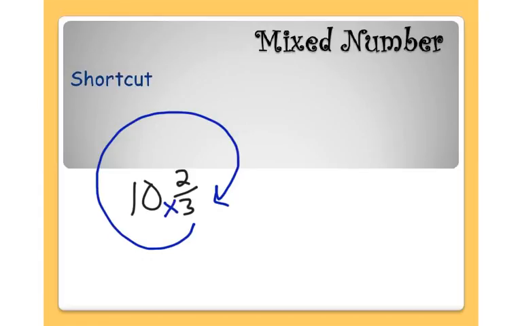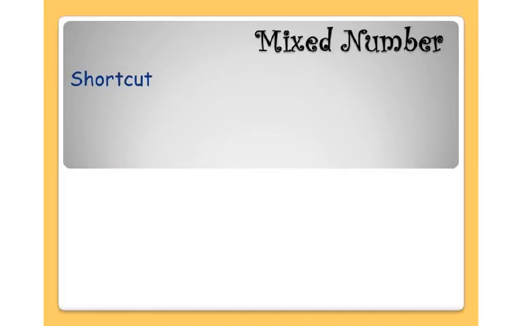I multiply the whole number 10, I add the numerator of 2, and I put that all over the denominator of 3. So 3 times 10 is? 30. 30 plus 2 is? 32. 32 all over 3. So 10 2/3 equals 32/3.